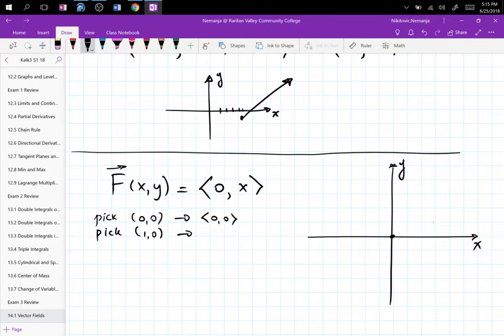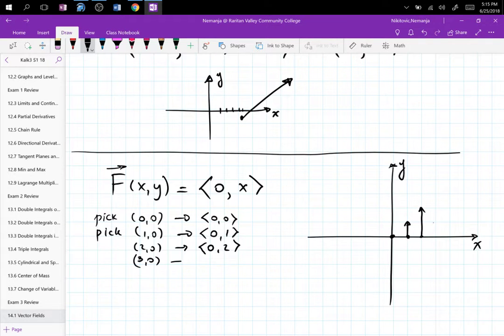Well, if you pick 1, 0, then your x is 1, so you have 0, 1. Oh, okay. Well, right here at 1, I need to go 1 unit up. If you pick 2, 0, you end up with 0, 2. So if you start at 2, it's 2 units up.